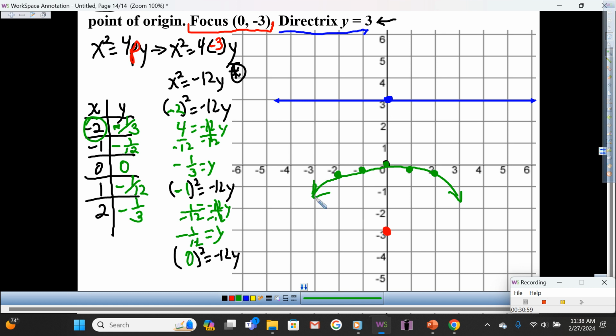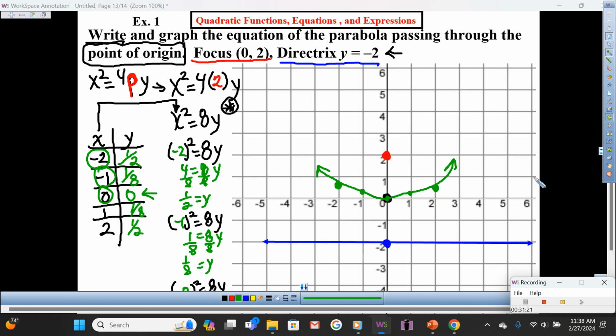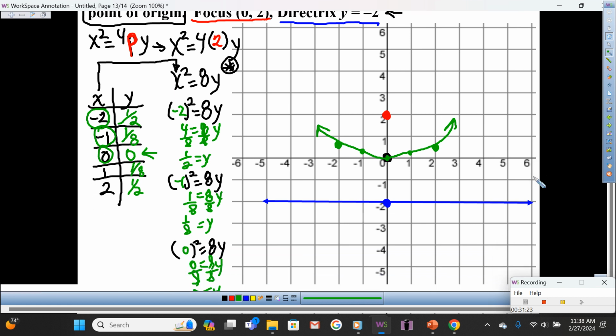Now let me show you something really quick before we move on. Look up to the screen. I want you to see what I see. Look at the previous one. Look at the parabola and look at the focus.